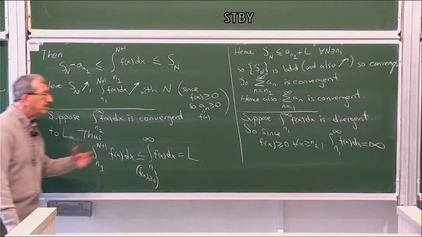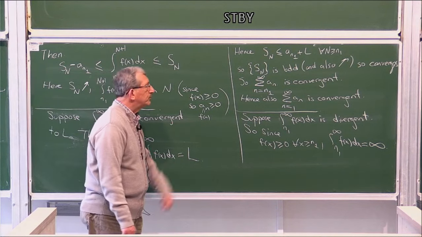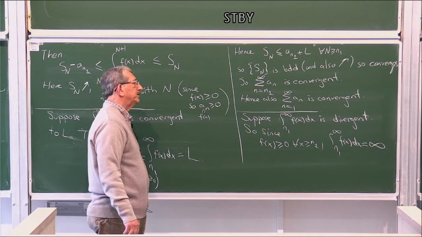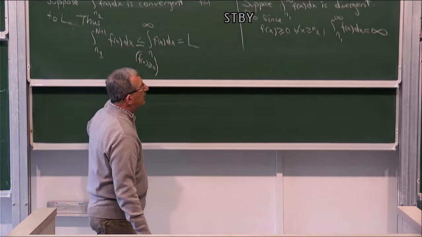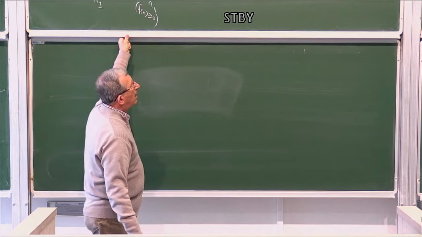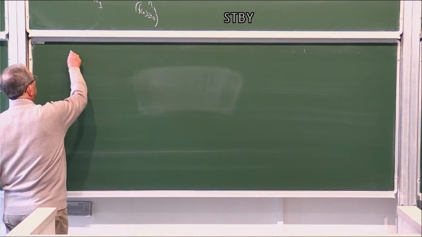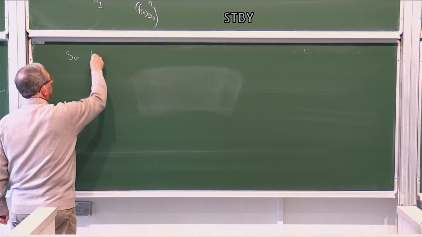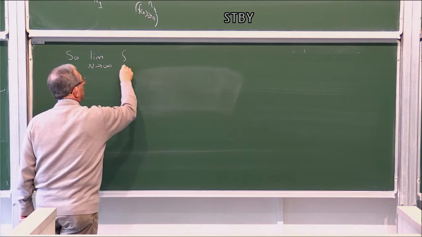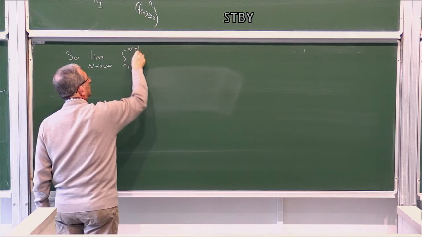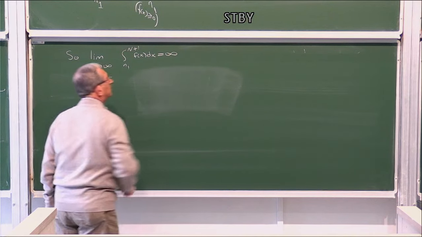Because you have a positive function, and of course divergence means the sum is infinity. But then the limit when n goes to infinity of the integral from N1 to n+1 of f of x dx is infinity.